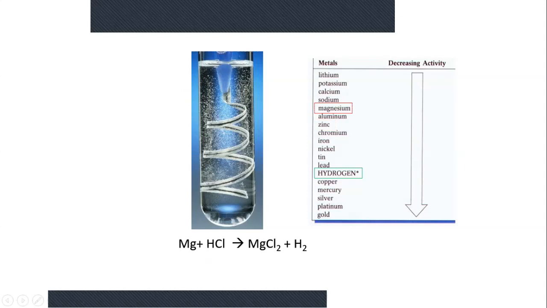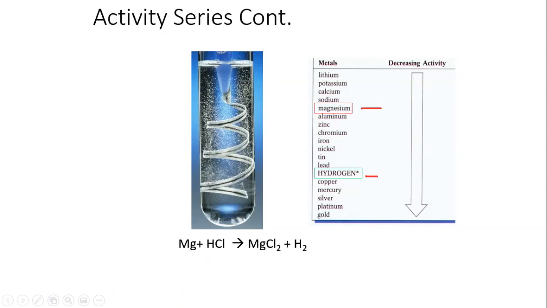We look at magnesium and HCl. Magnesium is more active than hydrogen, so magnesium is going to displace the hydrogen and form magnesium chloride and H2 gas. Since magnesium is further from hydrogen, magnesium would react more vigorously than zinc would with HCl.